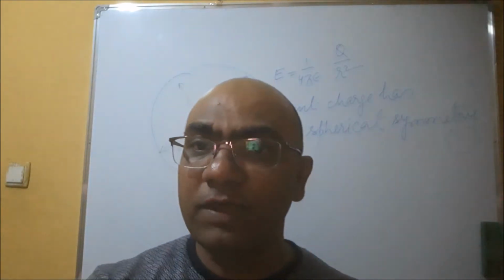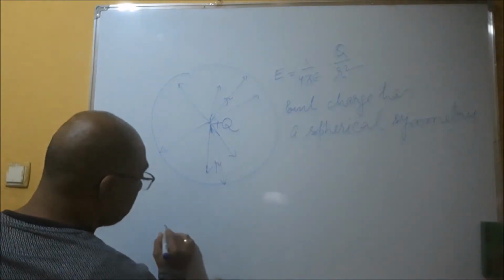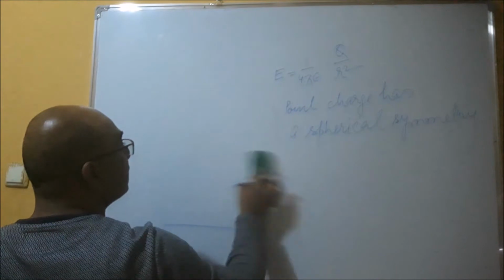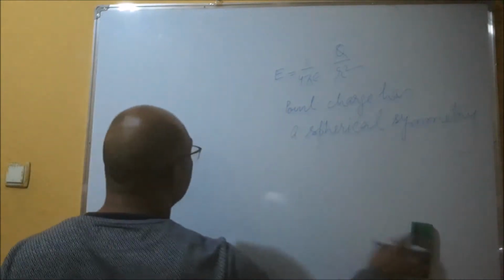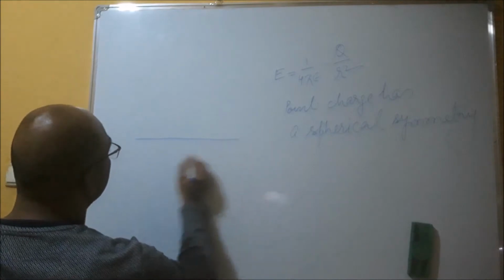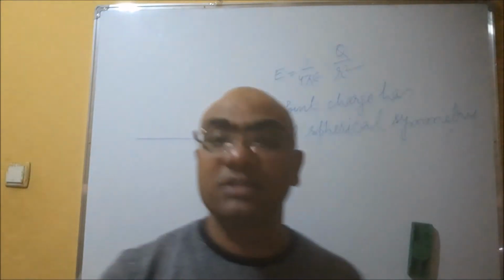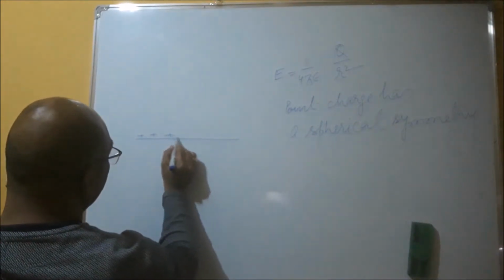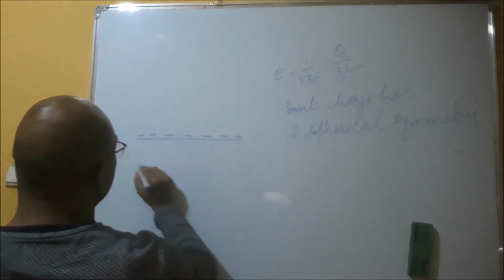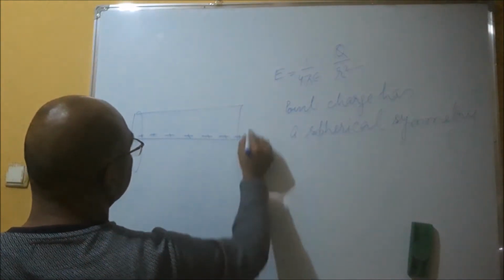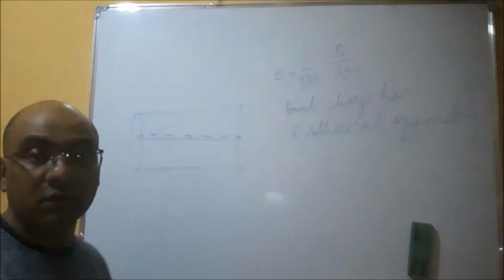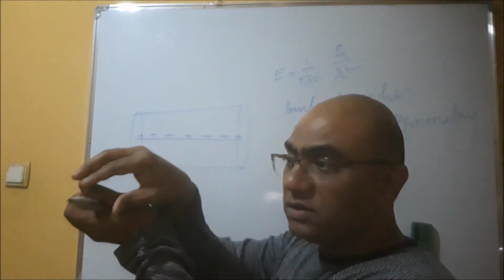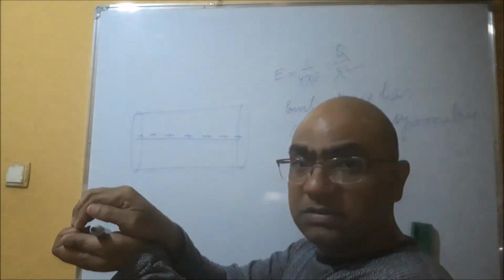In the same way, if I have a line charge, okay, suppose the charge is uniformly distributed on this line. If I draw a cylinder like this, imagine a cylinder like this, and this line is at the center of this cylinder.